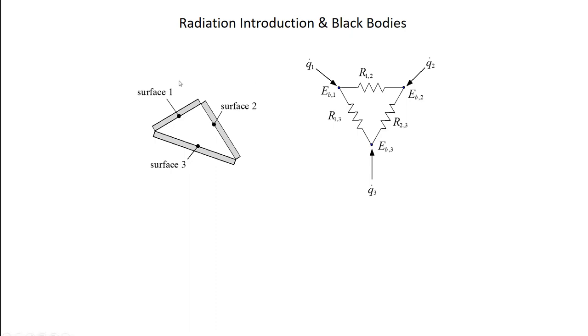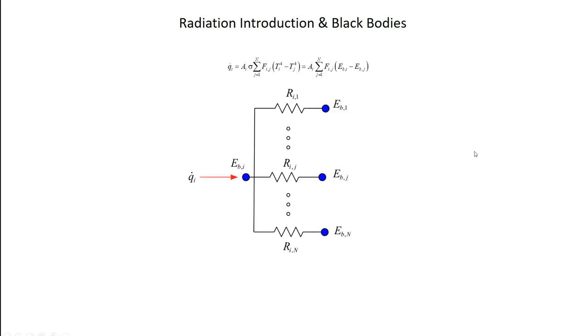So if I have more than 3 surfaces, I need an easy way to quickly come up with the set of equations that have to be solved that doesn't require me to draw a resistance network, right? And that's just basically looking at one of these surfaces. So here I'm looking at surface I, and I know that surface I can transfer radiation in general to every other surface, however many there are in the network.